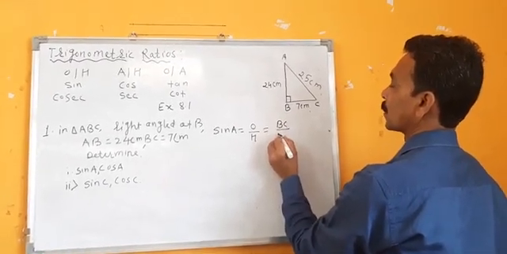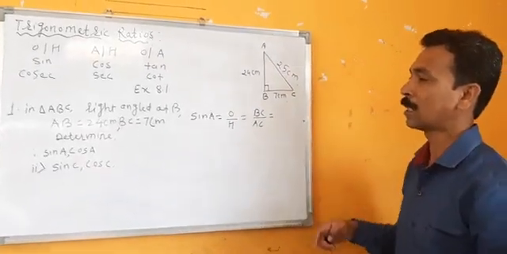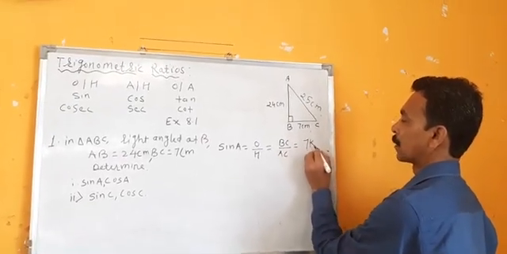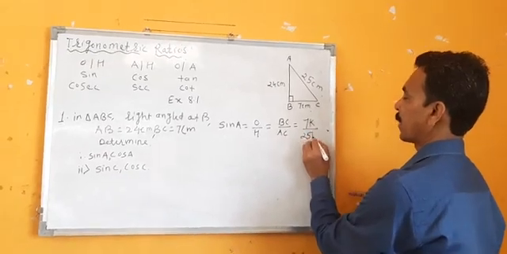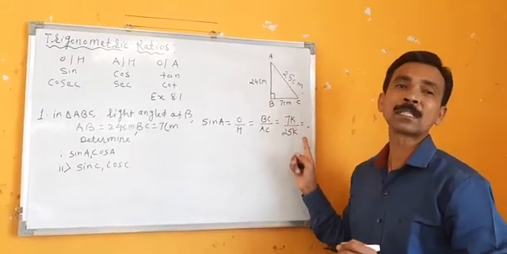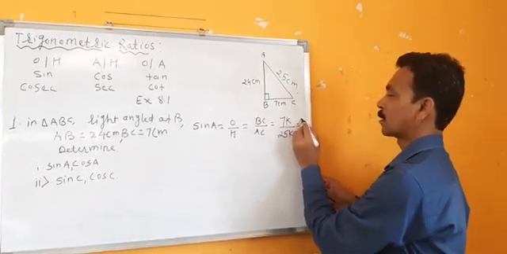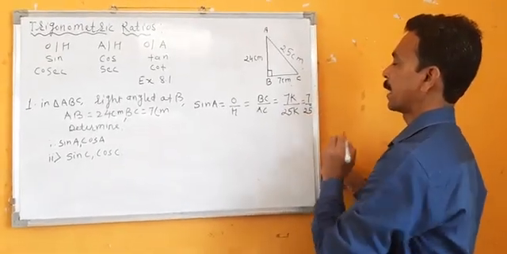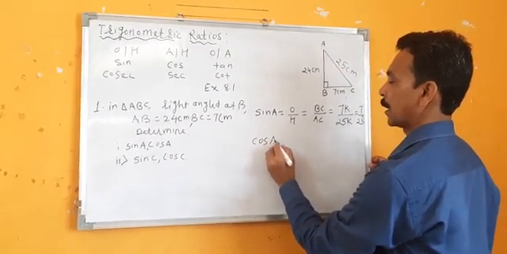BC upon AC is equal to 7K upon 25K. K gets cancelled. K is the constant term. It is a positive number. Okay. So we have to take it, right? So K gets cancelled. It is 7 upon 25.